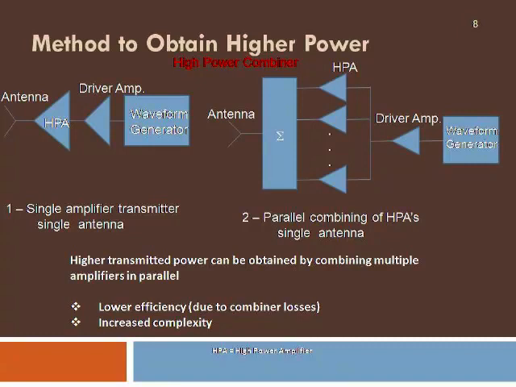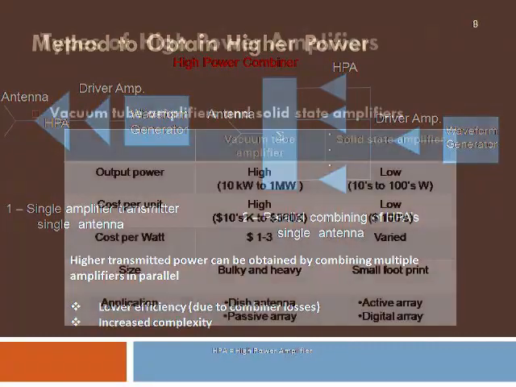By combining several amplifier outputs together, we are going to incur some amount of combining loss, and there will also be increased complexity because combining high power, high frequency signals will be a tough job while taking care of the phase synchronization.